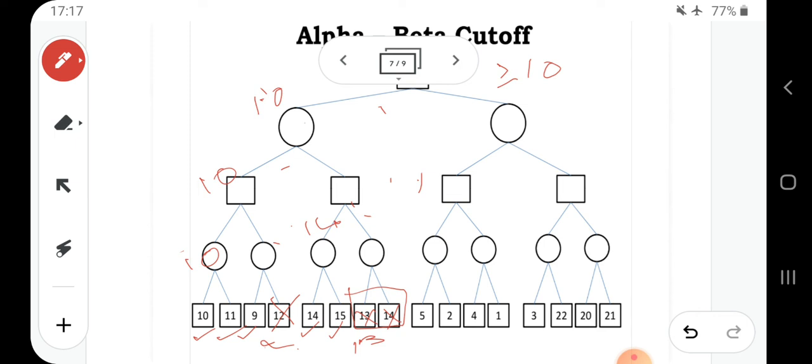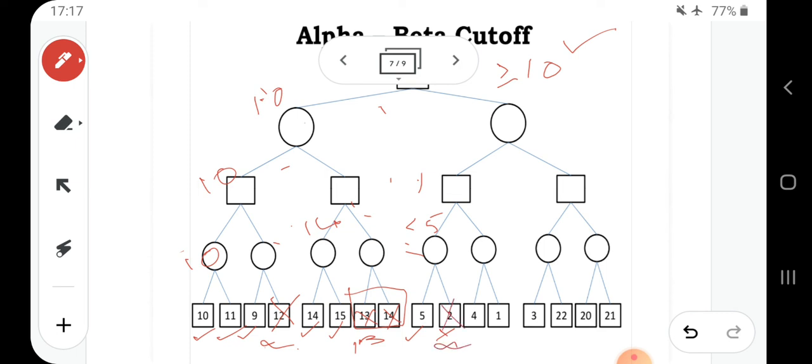So coming down to this level, once we check this 5, it will tell us that it will return less than equal to 5. Now with respect to this, some value less than 5 is not of our interest, so we can cut this. So this one will become alpha cutoff.